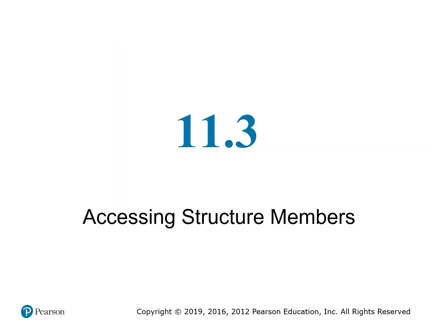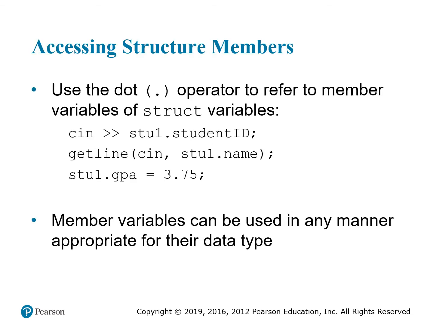Okay, you may be wondering now, okay, if we put all of this stuff into the structure, how do we get it out, or how do we get it in the first place? C++ provides, and as do most languages that deal with structs or objects, a dot operator to refer to member variables of the struct variable.